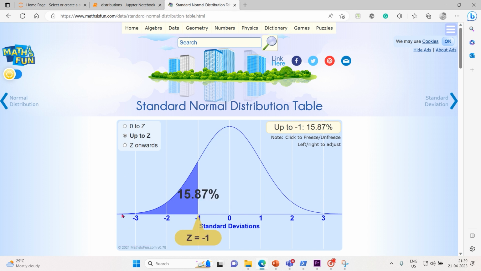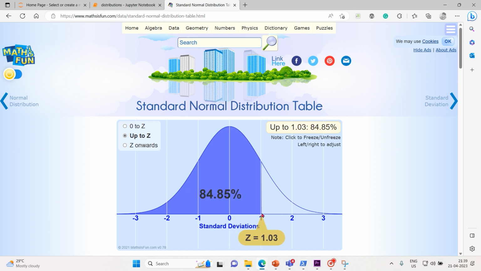So we'll start from somewhere around minus 3, then keep on going till plus 3. Of course, you have more tail here. So minus 3.01, this is the Z score, and then exactly at the 0 score, I think 0.1, it is 53.98 percentage.